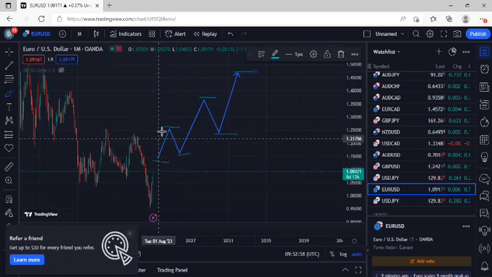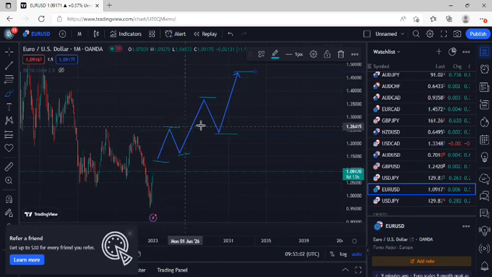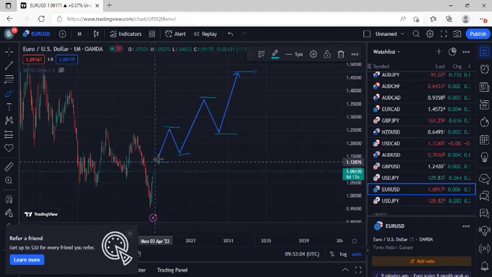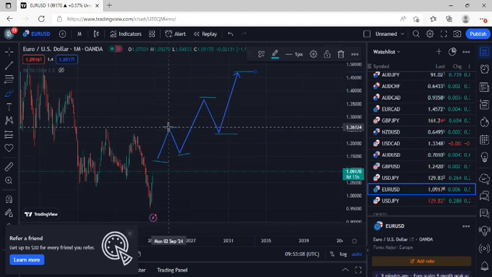As soon as you have a break of structure, so we call this one here a break of structure. When the market creates a low, and it creates a higher high, and another higher low, the moment it creates a higher high, this particular point where my cursor is now is a structure that was broken.